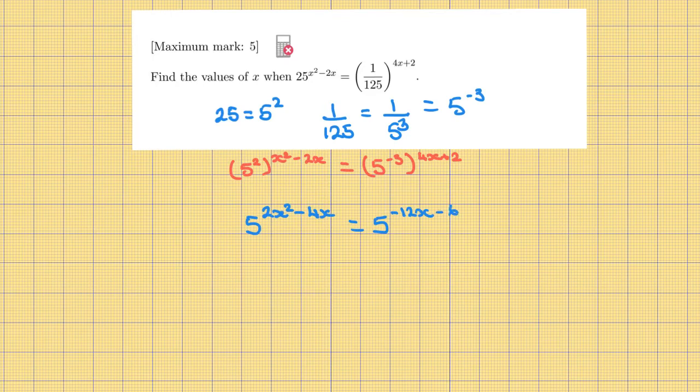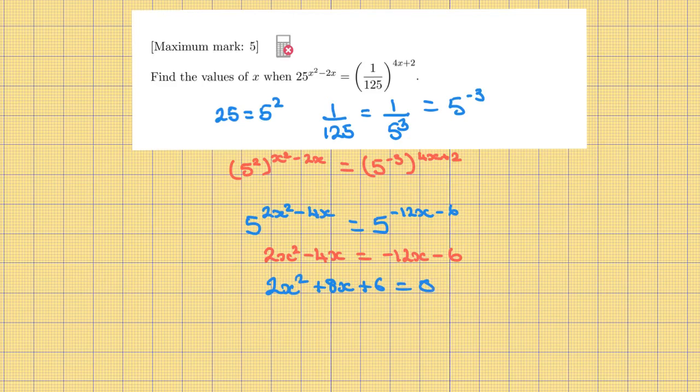Because they are now in the same base, I can just write 2x squared minus 4x is equal to minus 12x minus 6. Therefore, 2x squared plus 8x plus 6 is equal to 0.